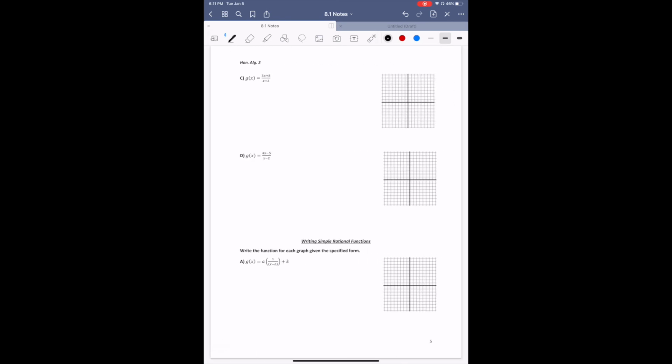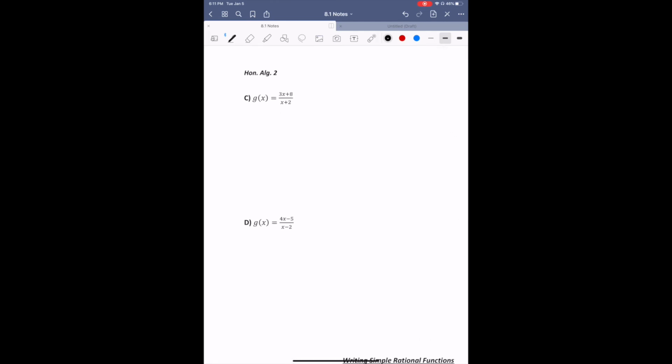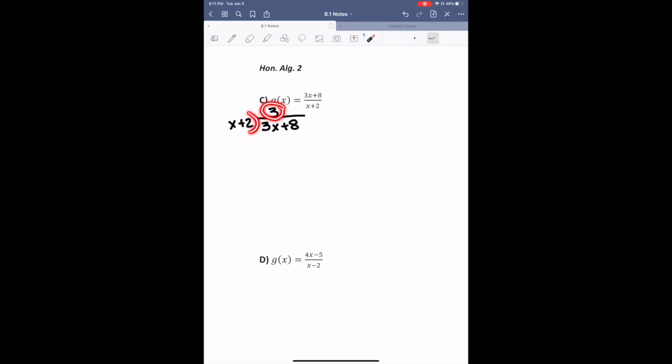All right, C says 3x plus 8 over x plus 2. Remember, set up your long division. X plus 2 into 3x plus 8. Divide one more time. 3x divided by x is 3. Multiply. Remember, we're multiplying by the entire expression.